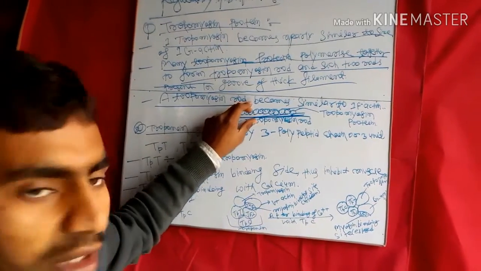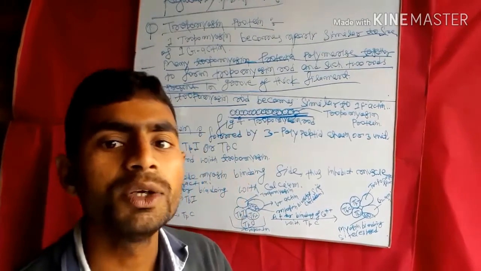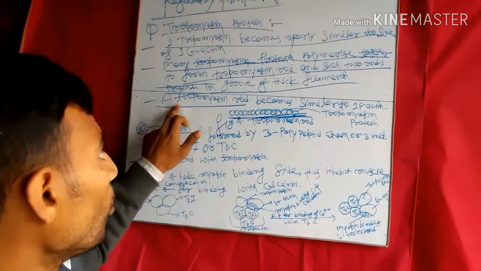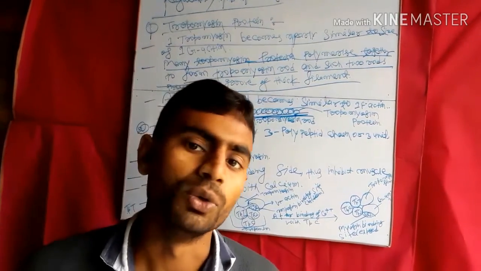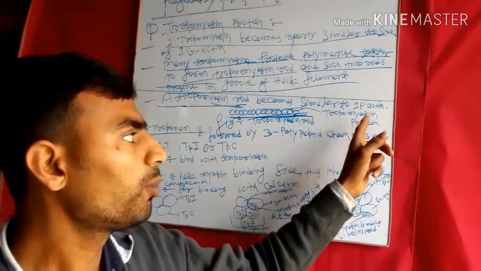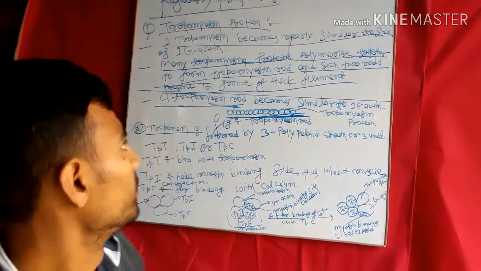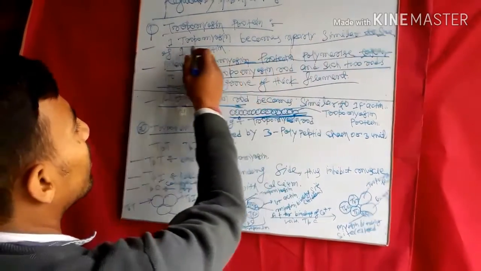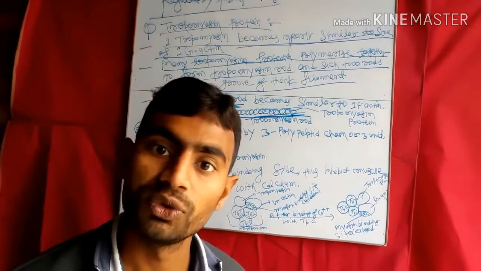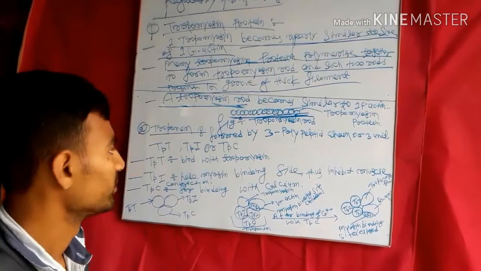One tropomyosin rod forms by accumulation of many tropomyosin proteins, so one tropomyosin rod is similar to one filamentous actin, and one tropomyosin protein is similar in size to one globular actin.